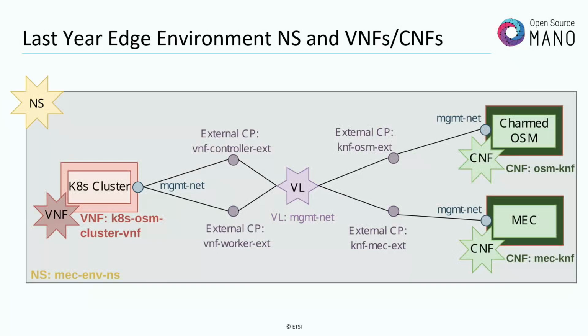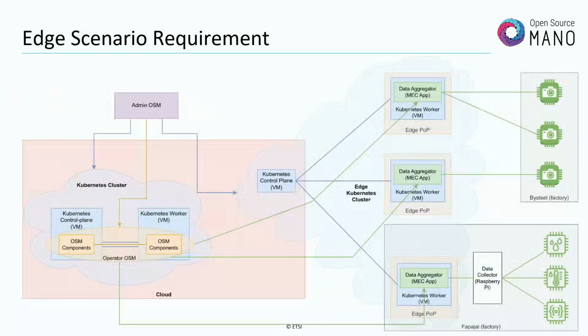This worked very well for our cloud environment, but now we have multiple points of presence because of these factories. We have multiple edge servers in multiple edge locations, and therefore we have multiple VIMs, one for each edge location. Because of that, we needed to make some adaptations to that network service to work in this new environment with multiple edge locations.